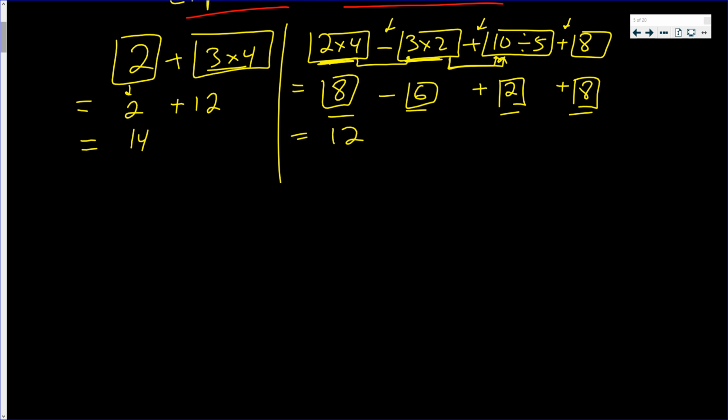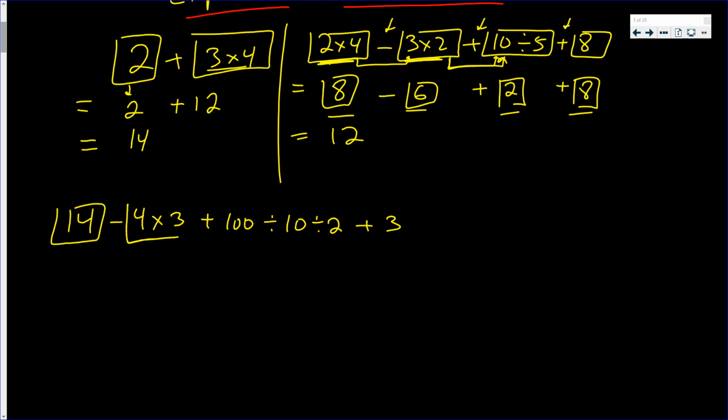How about you have the problem 14 minus 4 times 3 plus 100 divided by 10, divide that by 2, and then add 3. These are the terms. I just don't box in plus or minus signs.